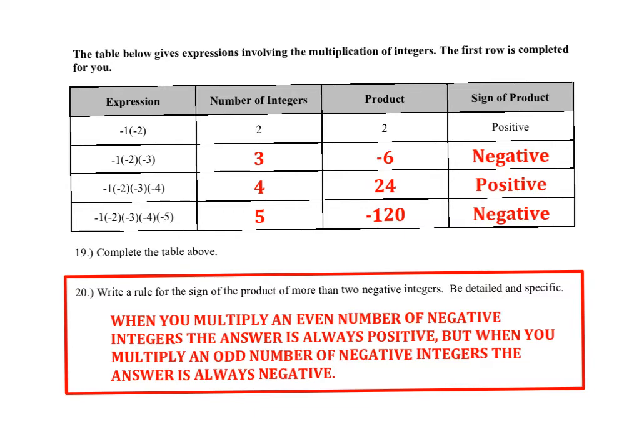But when you multiply an odd number of negative integers, the answer is always negative. And that was the pattern that you saw up above. So again, you do not need to have that word for word, but you should have the gist of that, that if there's an even number of negatives, it's positive, an odd number of negatives is negative.